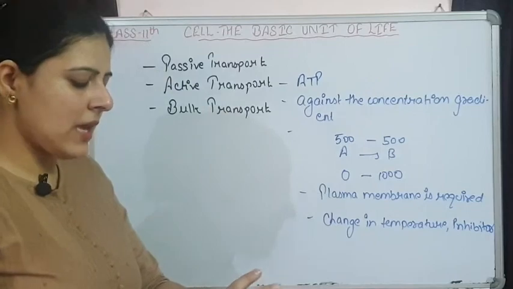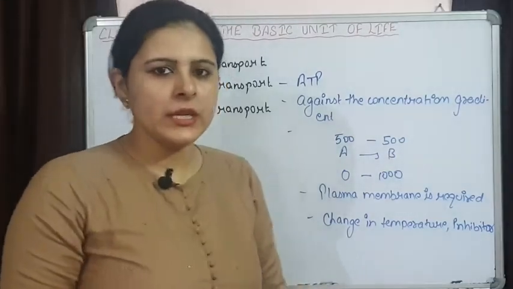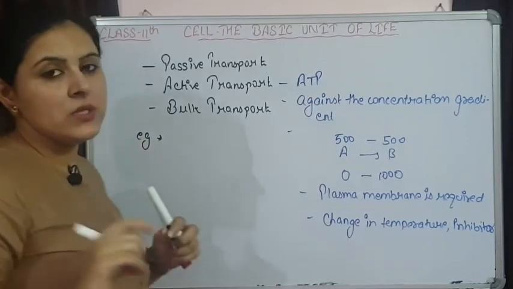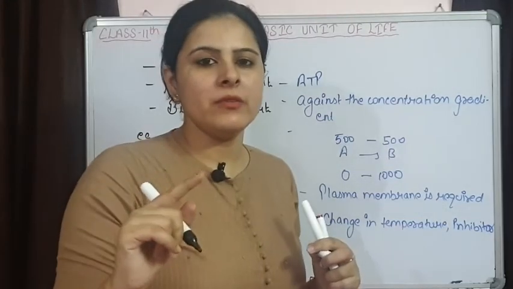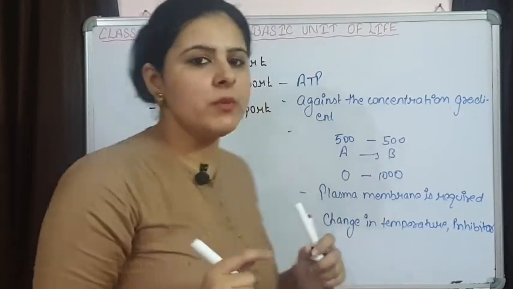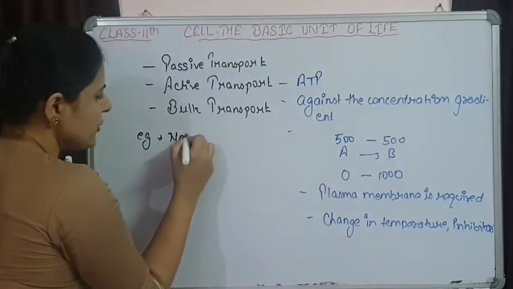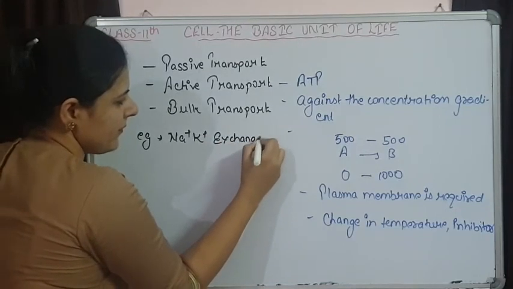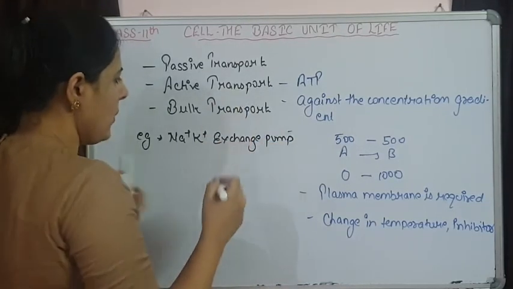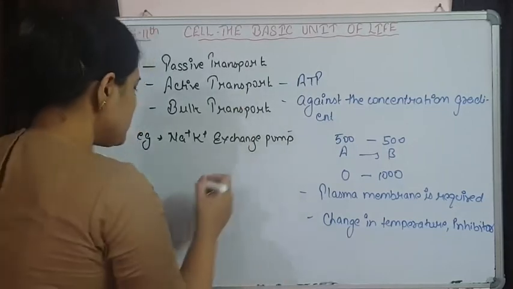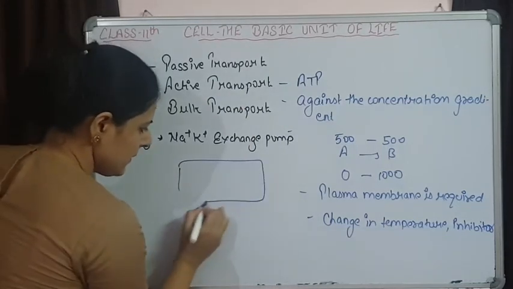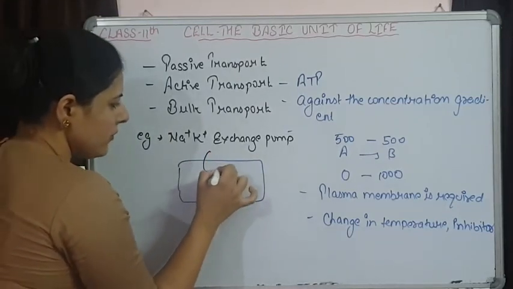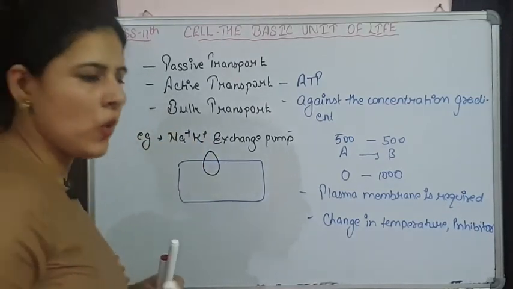Now if we take an example of active transport, then active transport occurs with the help of pumps. Like the common one, which we already talked about when we were discussing conduction of nerve impulse, that is the sodium potassium exchange pump. What is this sodium potassium exchange pump doing? It is helping in the movement of sodium ions.